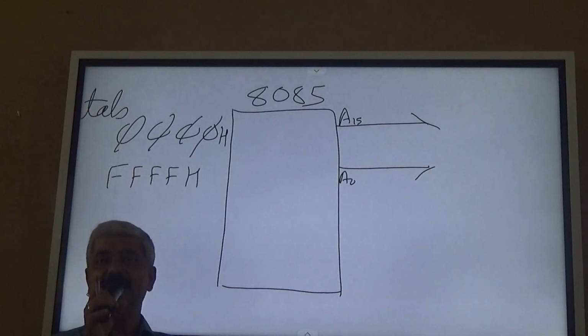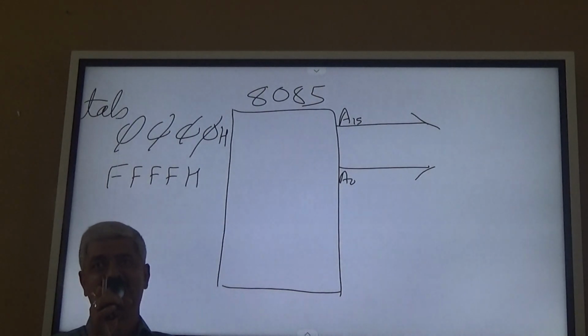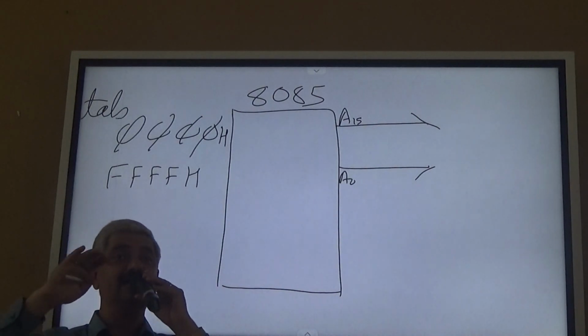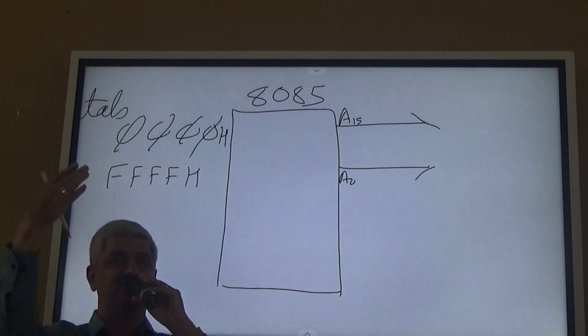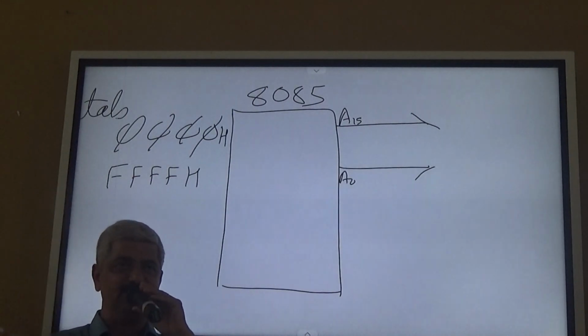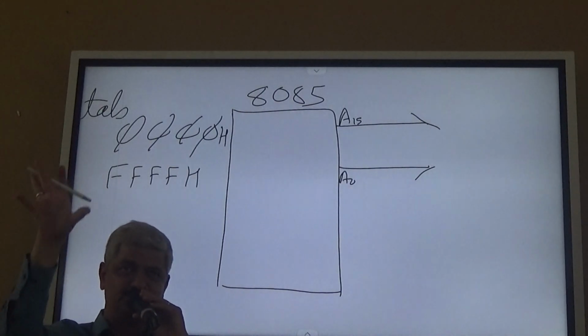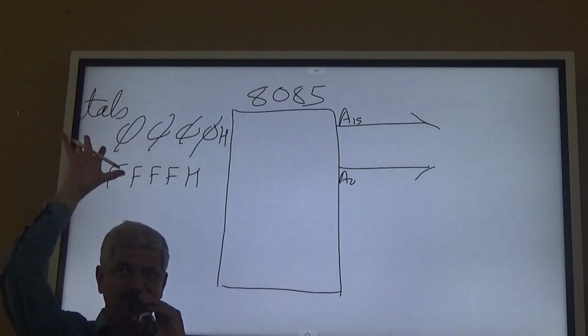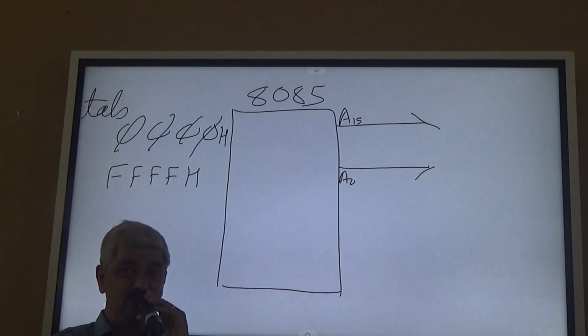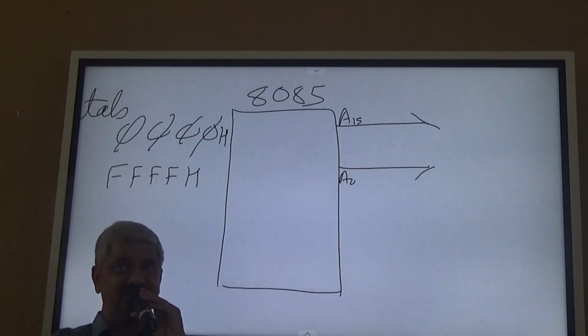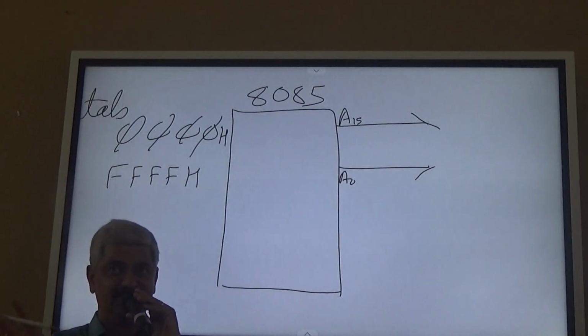Then the microprocessor has 8 data lines, but data lines are bidirectional in nature. Listen very carefully. I am explaining the entire microprocessor architecture in the simplest possible way, simpler than this is nowhere available.